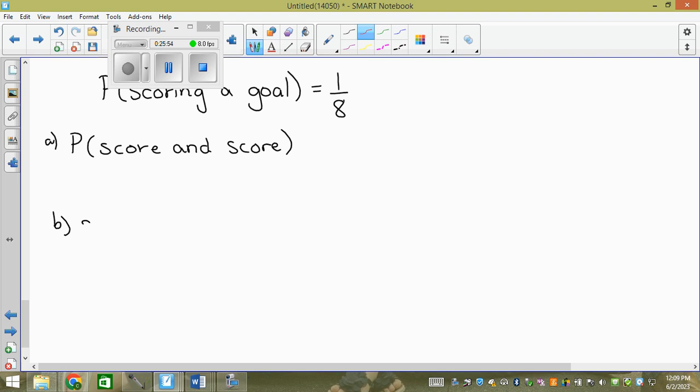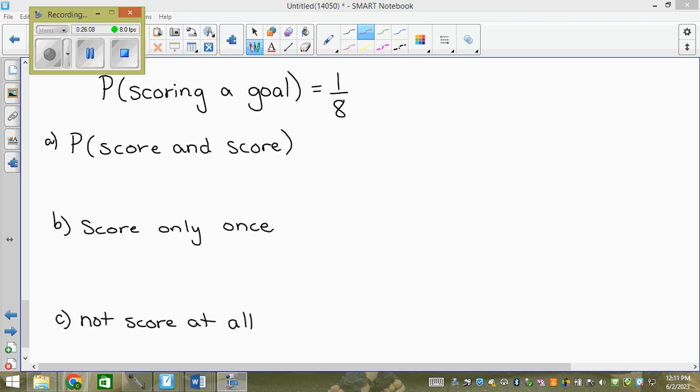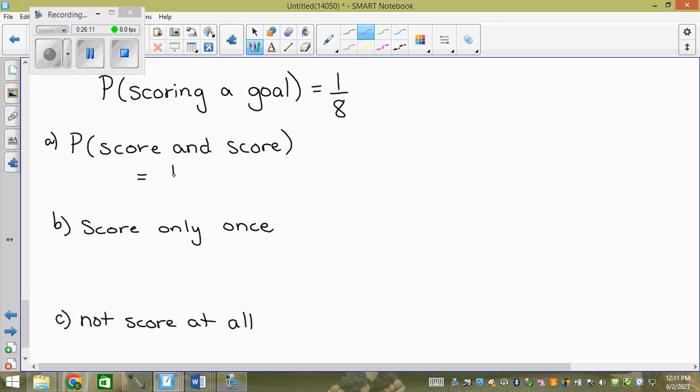Score only once. Not score at all. So the probability they will score then score would be 1/8 times 1/8, which is 1 out of 64. Score only once, this one you have to watch yourself, because they could score then not score, or not score then score. You get cases, right?